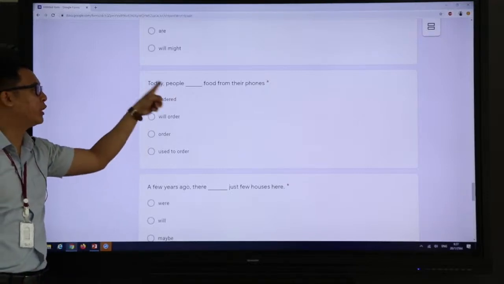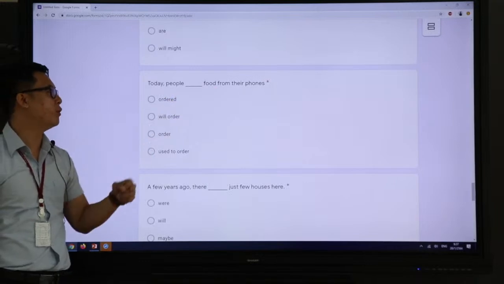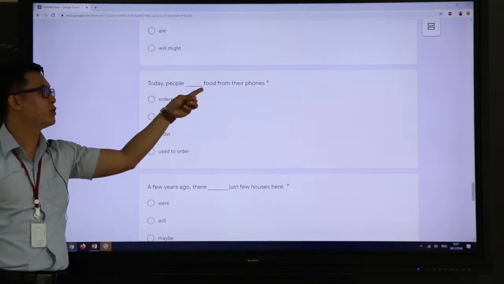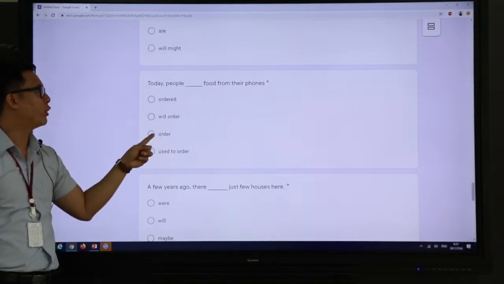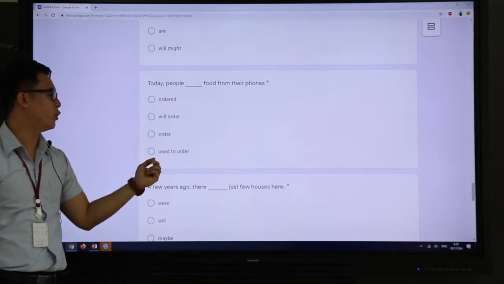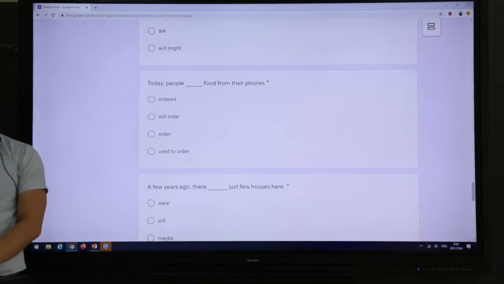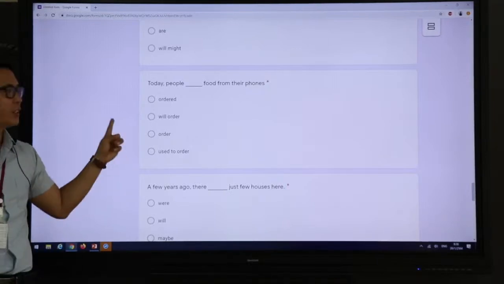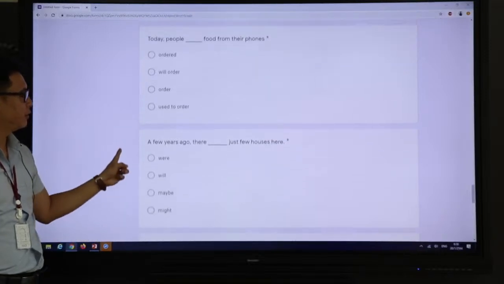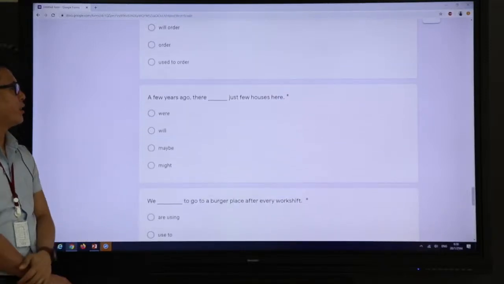Today, people ordered food from their phones. Will order food from their phones. Order food from their phones, or used to order food on their phones. Okay, finished? The next one.